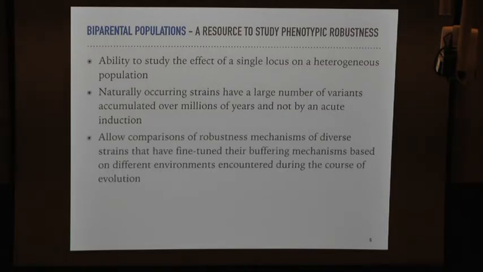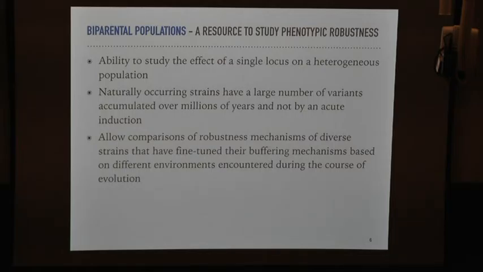And because you can compare each variant, you can compare the robustness mechanisms these diverse strains must have gone through, and how they would have buffered their genetic networks to bring about changes in whatever environments they were evolving in.